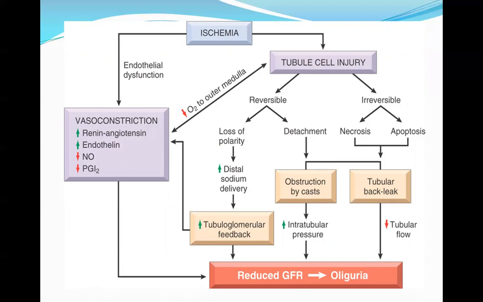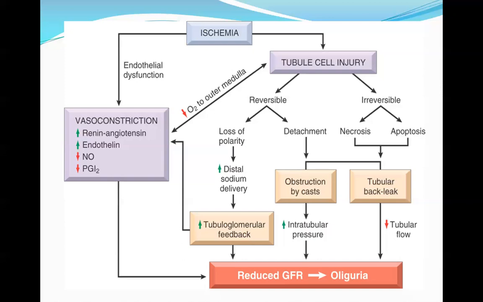This ischemia can cause endothelial dysfunction and damage, and this endothelial dysfunction can cause an increase in endothelin. This endothelin can cause further vasoconstriction. Along with this, we have a decrease in nitric oxide and also prostacyclin, which are important for vasodilation. So vasodilation is totally blocked. So you only have vasoconstriction.